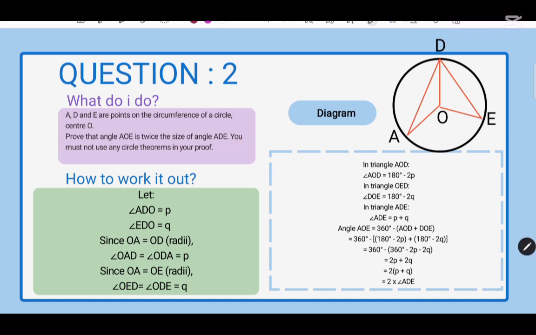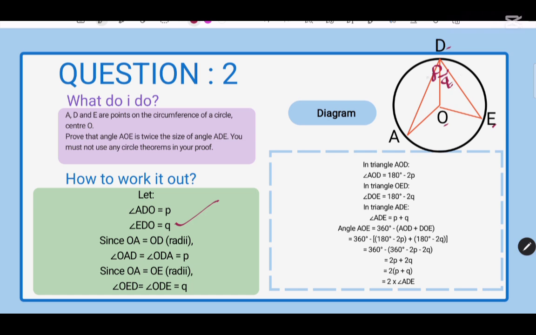Now let's follow the steps one after the other. It's very easy, and I will explain why. Let angle ADO equal p. So this angle here, let it be p. Now let angle EDO equal q. That is this angle here equal to q.